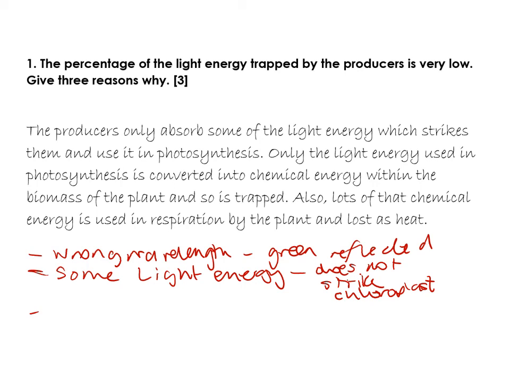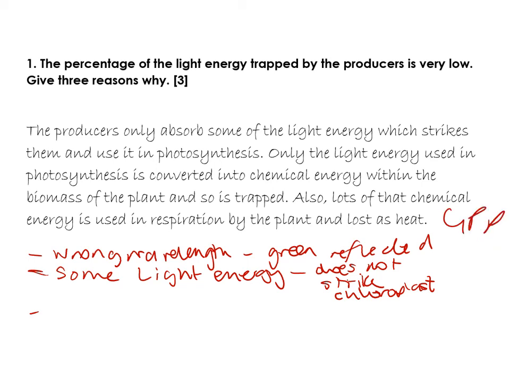So here it says only light energy used in photosynthesis is converted to chemical energy within the biomass, and so trapped, yes, but it's not answering the question. What stops that being very much is what they're asking. Why is that really low? So this is all GPP. Okay, so it's why the GPP is so low.